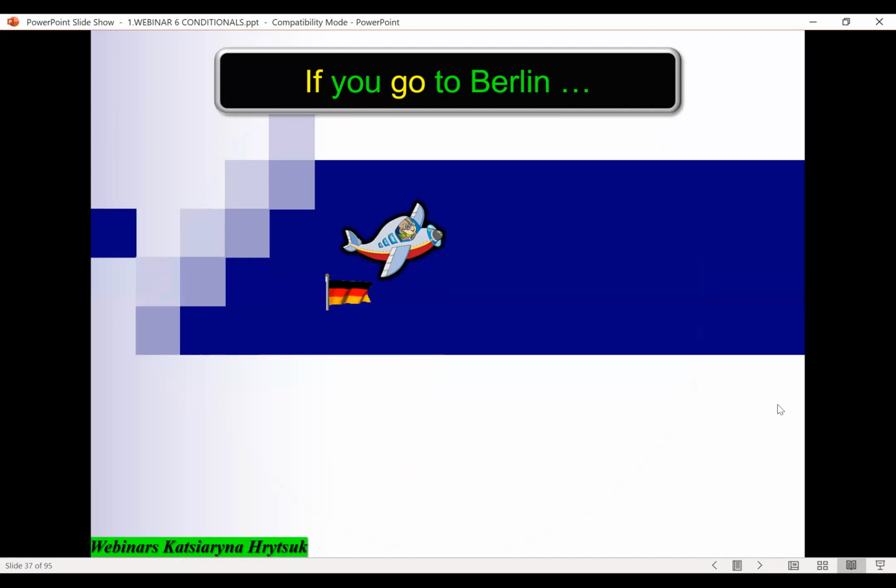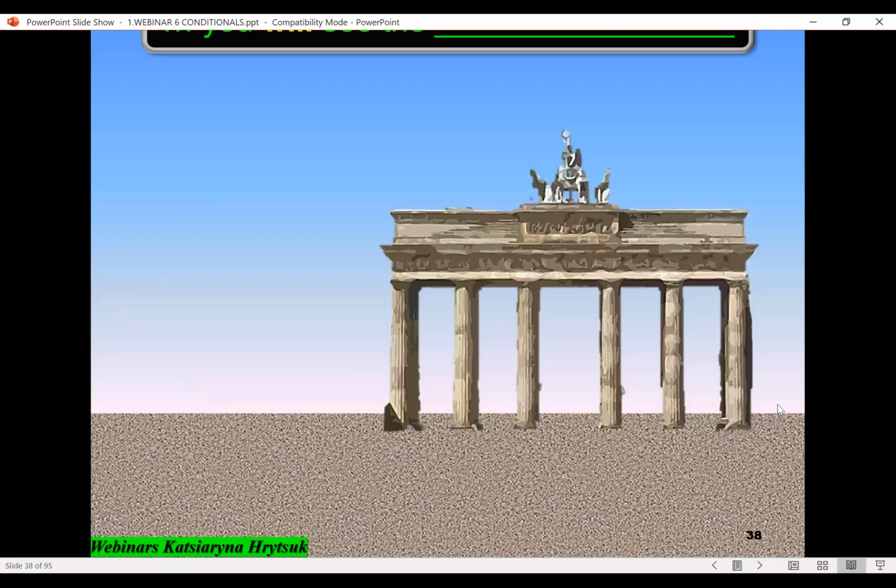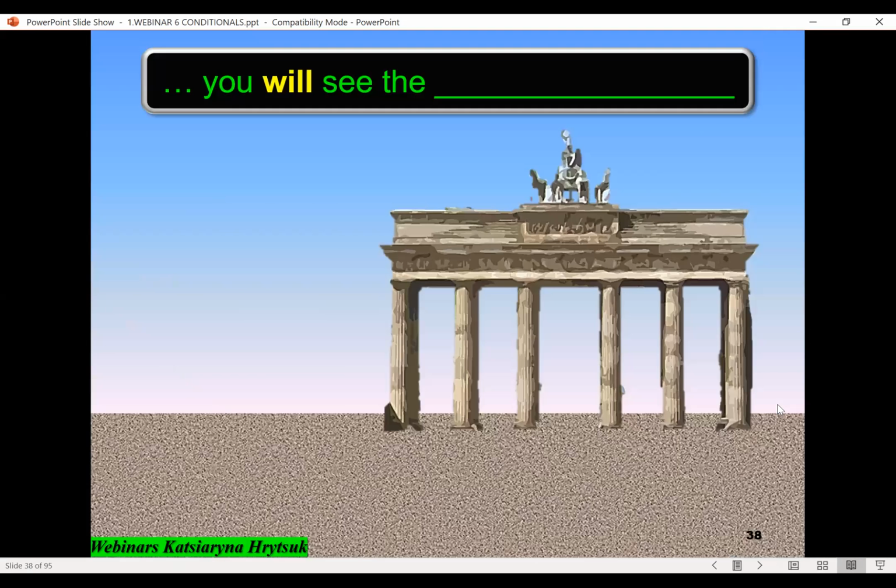If you go to Berlin, you will see. You will see. Ladies, gentlemen, what will we see? The Brandenburg Gate. Yes, thank you, Florence.